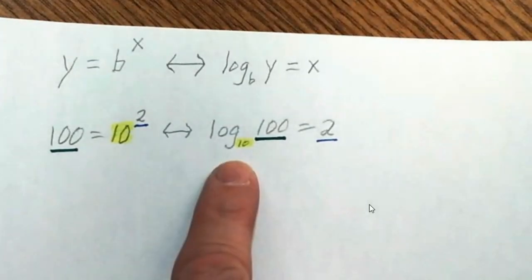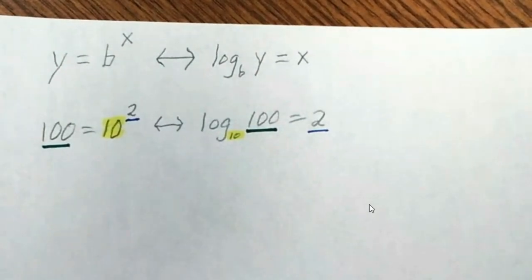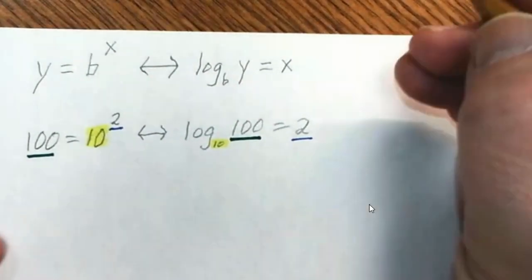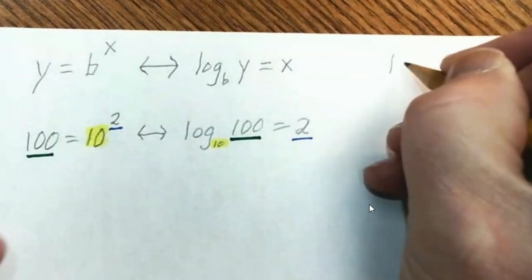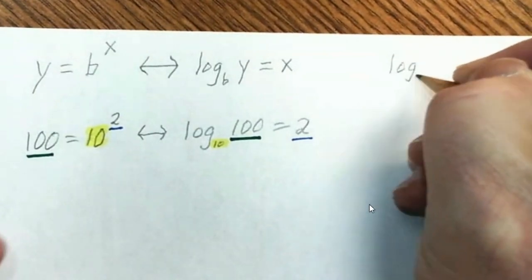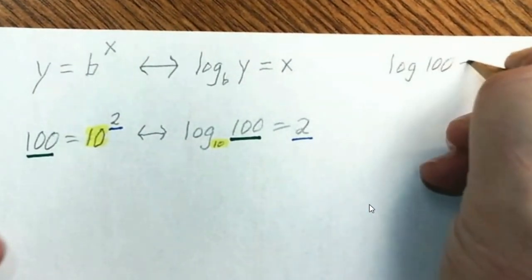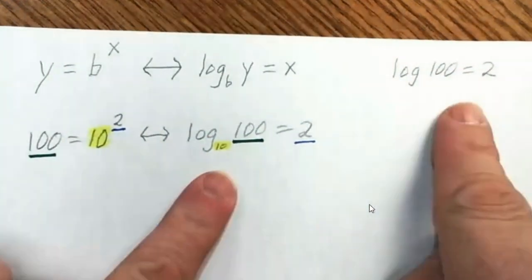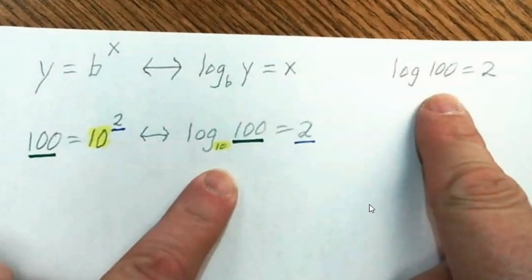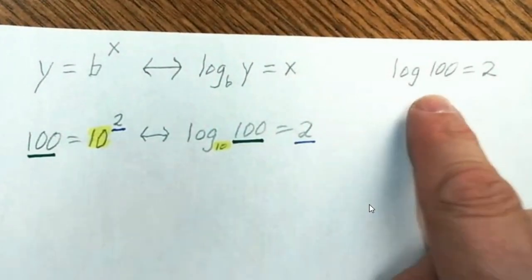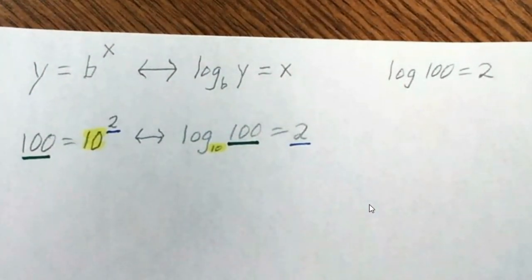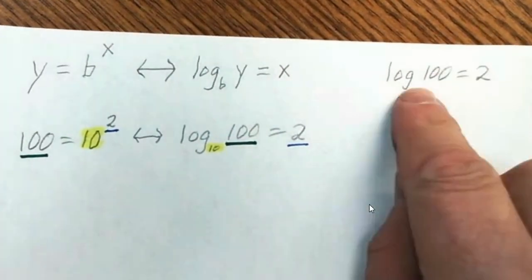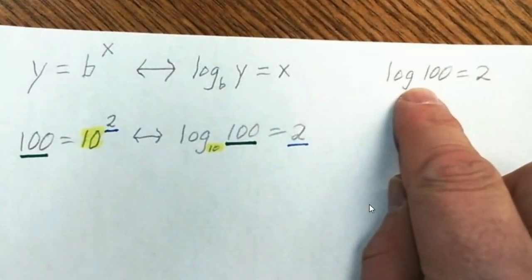Now, I want to talk something about log base 10. Like on our calculator, you just see, we would say log 100 equals 2. This is the same thing. Because with logarithms, if we don't put a base, I didn't put a base there.